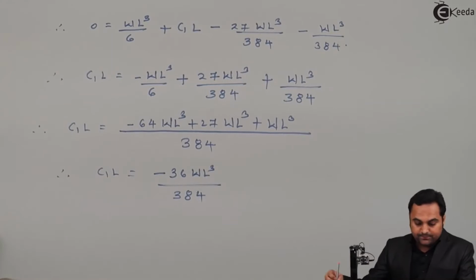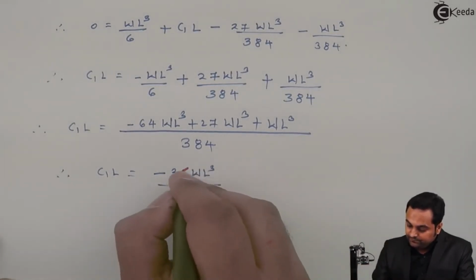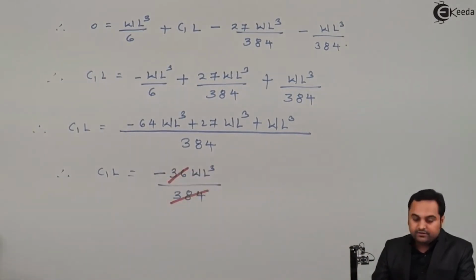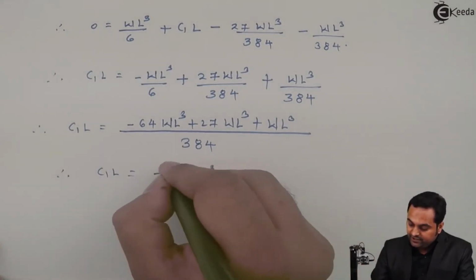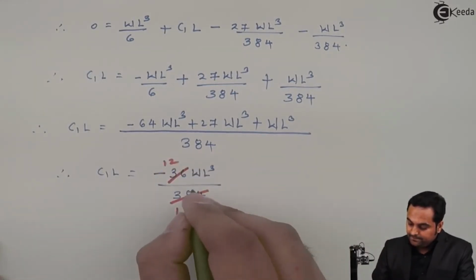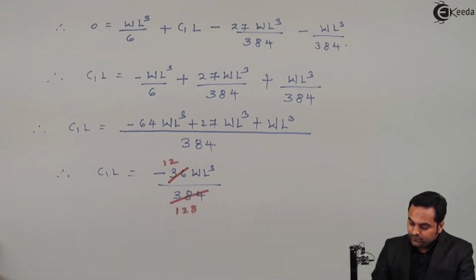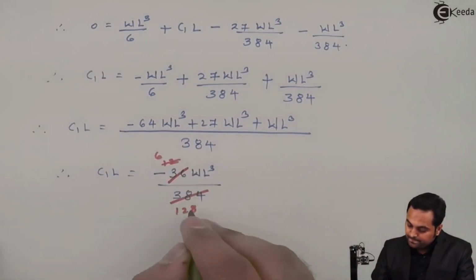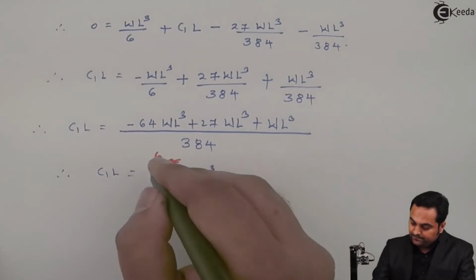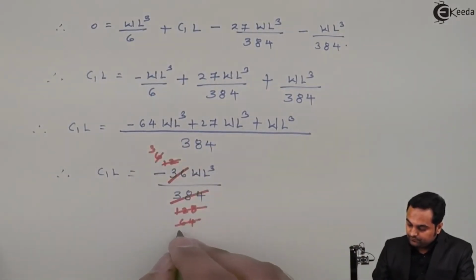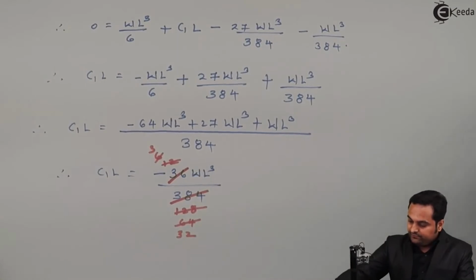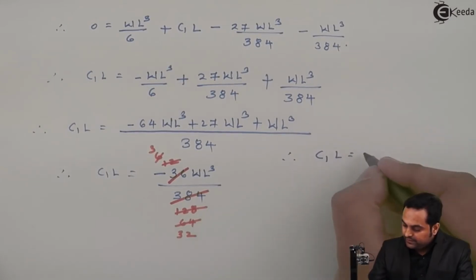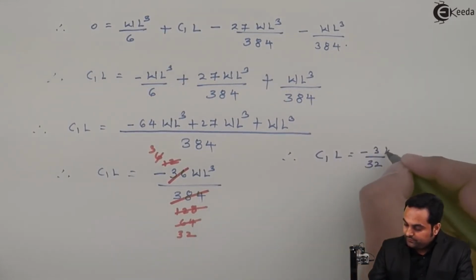Here I'll cancel it with 3, so here I have 3 12, and this will be minus 12 by 128, and again if I divide this, therefore after the cancellation, C1 into L is equal to minus 3 by 32 WL cube.